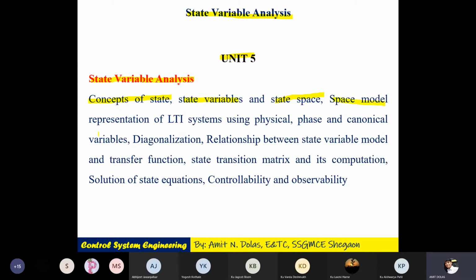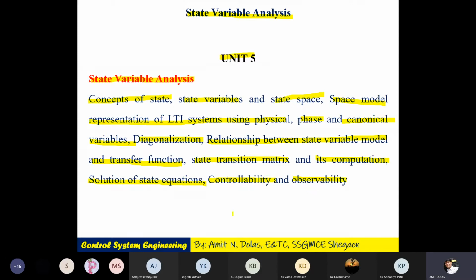Then state space representation of LTI system using physical, phase, and canonical variables. Diagonalization, relationship between state variable model and the transfer function. State transition matrix and its computation. Solution of state equations, controllability, and observability.